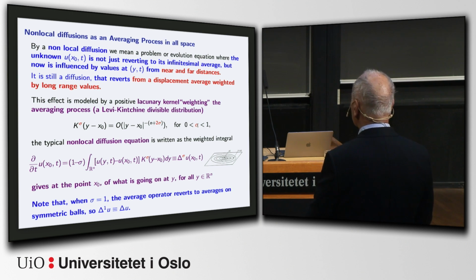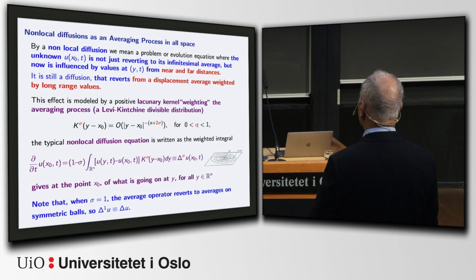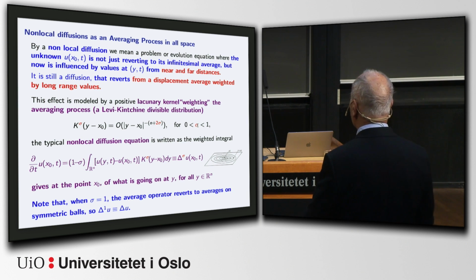And depending on this sigma, what you have here is not necessarily the Laplacian of the function, but some averaging of Laplacian times averaging. So it's the Laplacian to the sigma, let's call it, of u at x0, t.